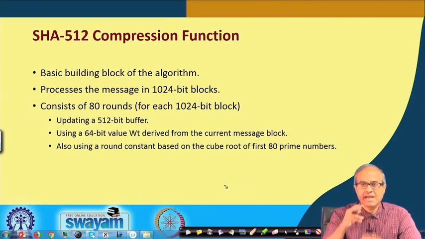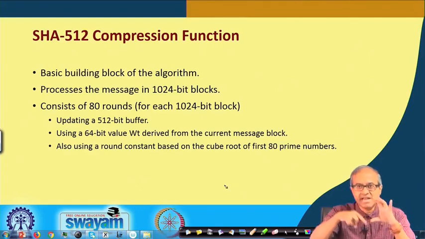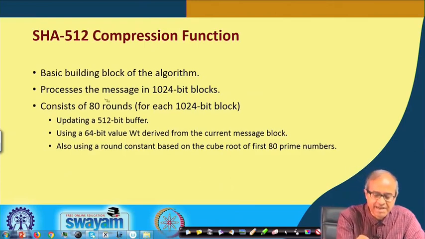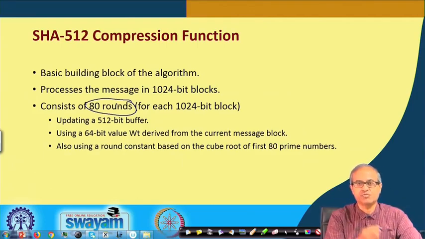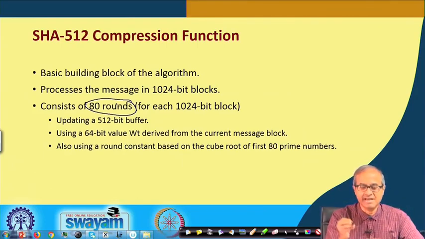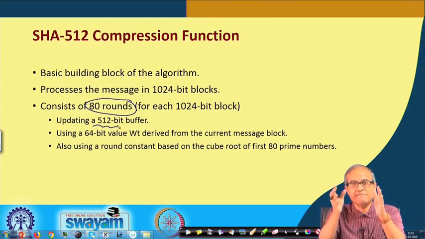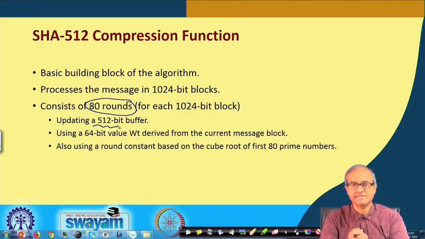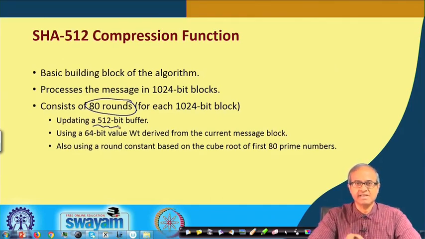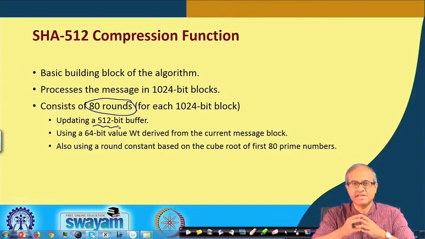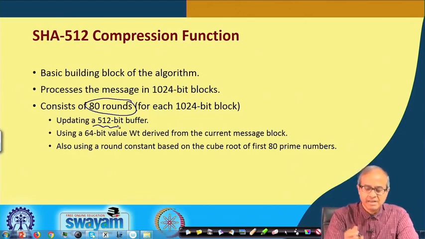And inside that f there are 80 iterations going on, not 1, not 2, but 80 iterations or 80 rounds for each 1024 bit block, and inside they maintain a 512 bit buffer which is updated at every step of these 80 iterations. I am not going into the details of these 80 iterations; details are available in any standard textbook, or if you search on the internet you will also find them.